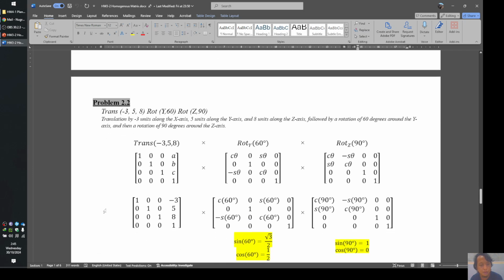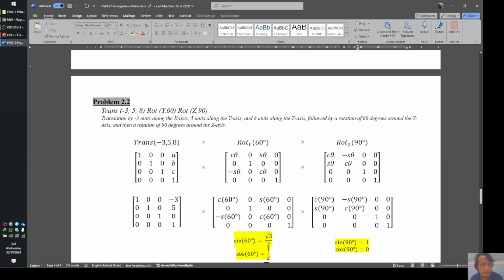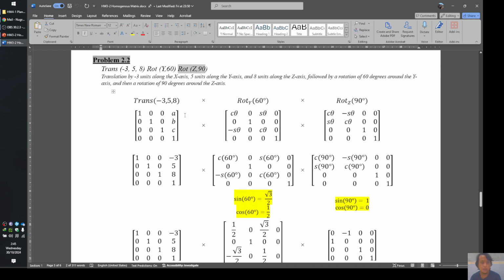And for problem number 2, we have translation by minus 3 units along the x-axis, 5 units along the y-axis, and 8 units along the z-axis, followed by a rotation about the y-axis by 60 degrees and a rotation about the z-axis by 60 degrees. So this is the translation for this problem.